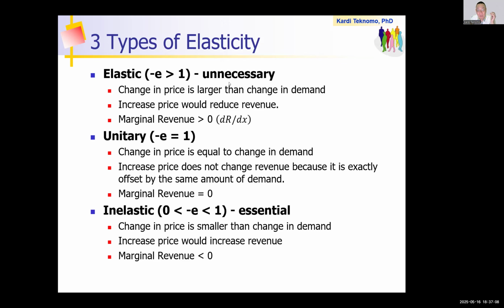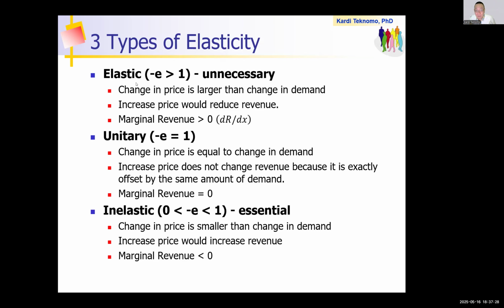Usually this is an unnecessary product. If the elasticity is exactly 1, that means the change in price is equal to the change in the demand, so the increase of the price does not change the revenue.